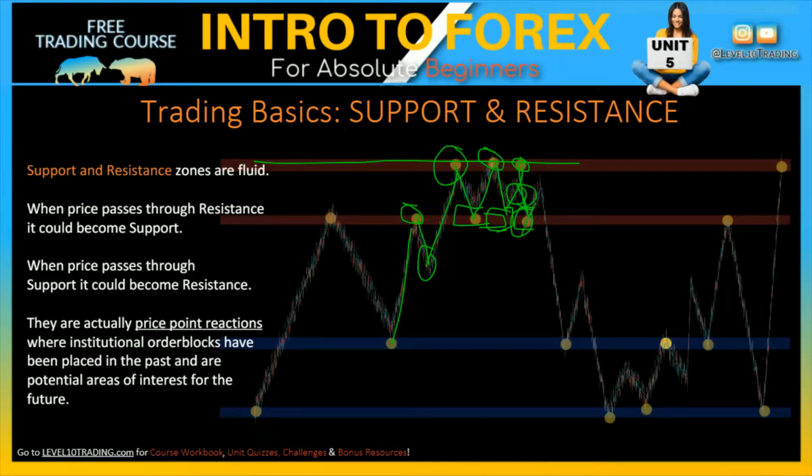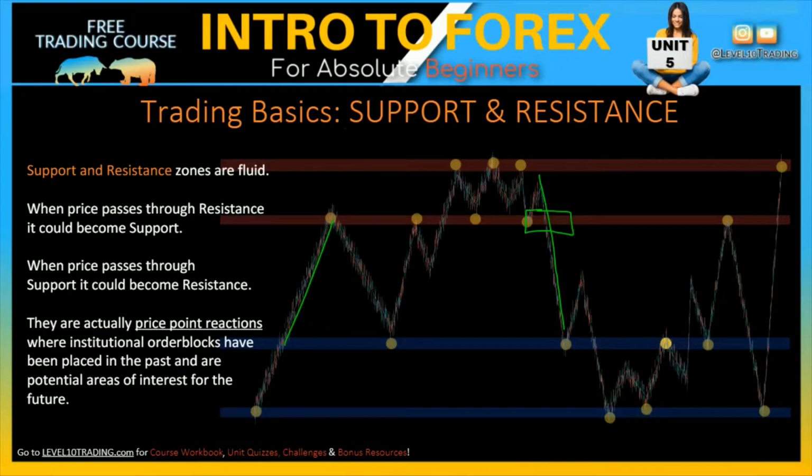It bounces, comes back up, doesn't quite hit this resistance zone again until price now just trades right through with no respect at all to this zone that was at first resistance and then support.